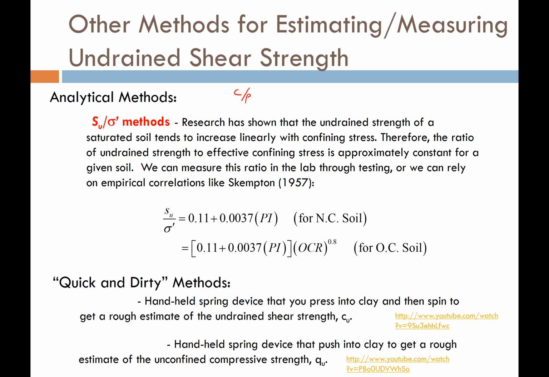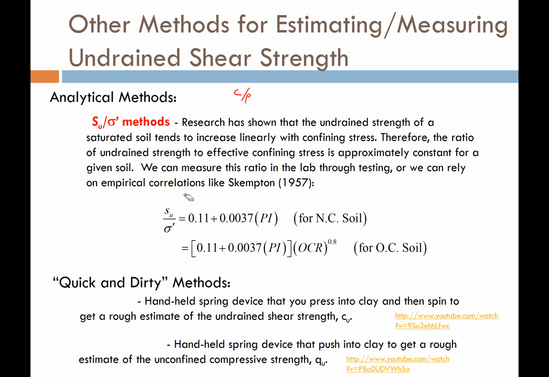And they found that it correlates well with the soil's plasticity index. And so as a result, they've developed these empirical correlations that allow us to approximate or estimate that ratio. With that ratio, all I need to do is multiply the ratio by the computed effective stress of the soil, and I can come up with an estimate of the undrained shear strength of that soil.